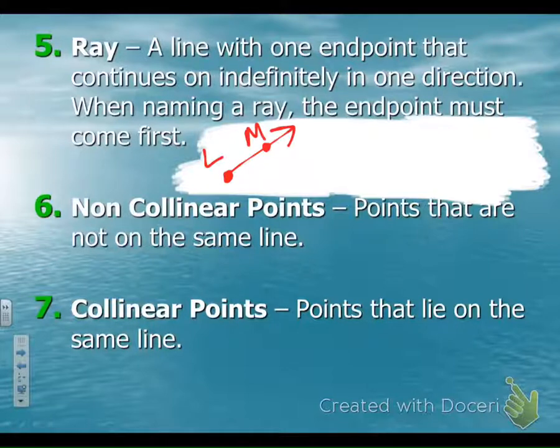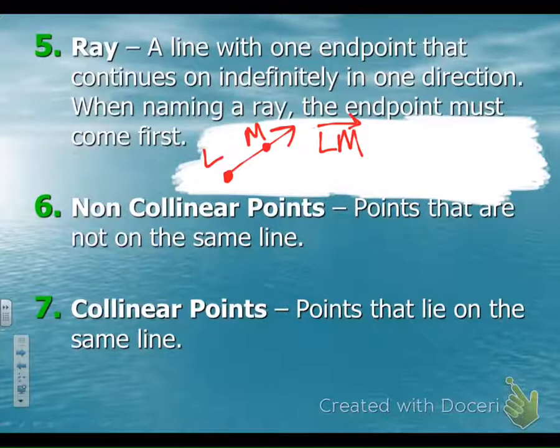When we go to name it, again it's similar to both a line and a segment. We use the 2 letters. We put a little ray over the top. The little ray over the top always points to the right, if you're curious, even though our diagram might not always point that way.